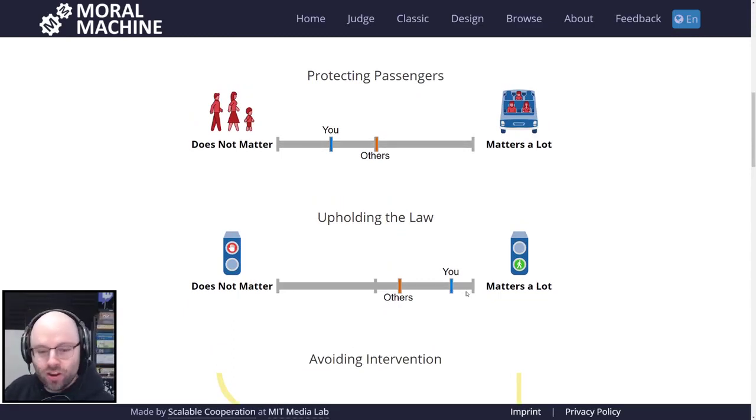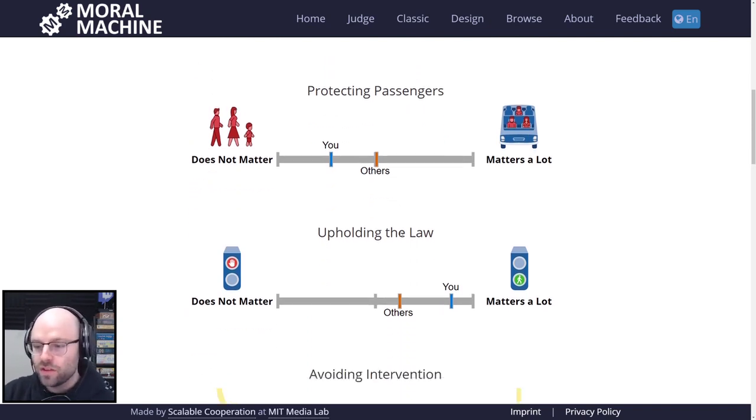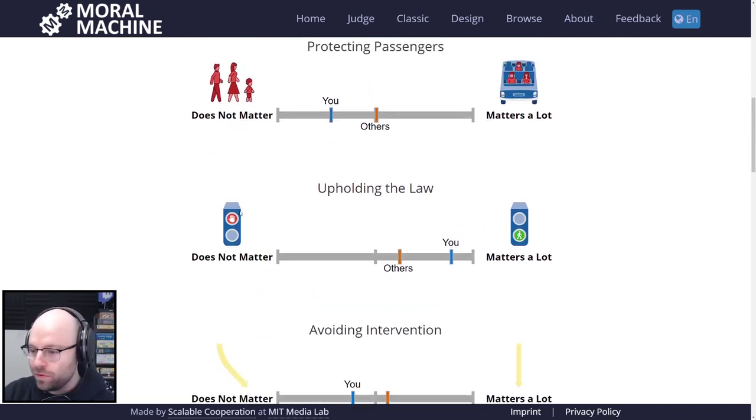Look, I know how this looks, okay? This looks like I'm lawful evil, right? But the thing is, if they had just obeyed the law, then this whole situation would have been avoided. All these other dilemmas, for the most part, are caused by people walking when they're not supposed to walk.